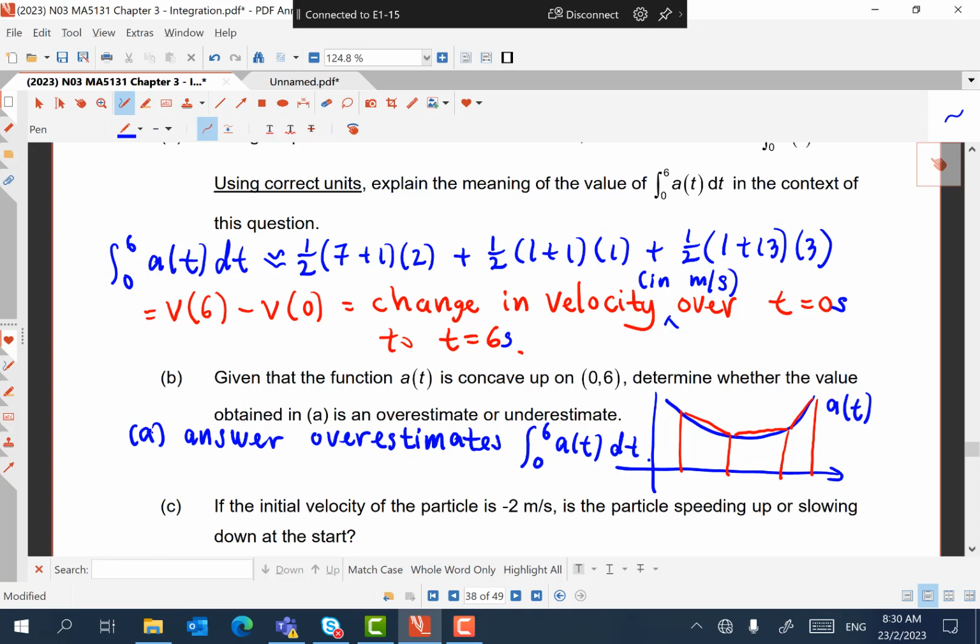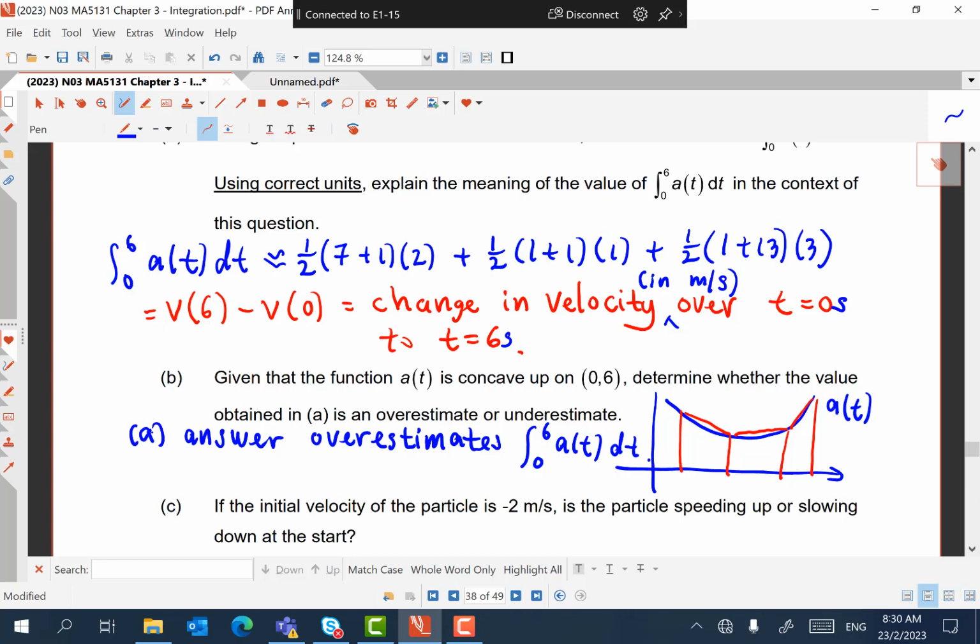Full stop. Why I want to stress this is because I've seen a lot of solutions that students produce in test exams. They are not so sure whether just saying it overestimates because the graph is concave up is good enough. So they start drawing graphs and adding a lot of things to say more.